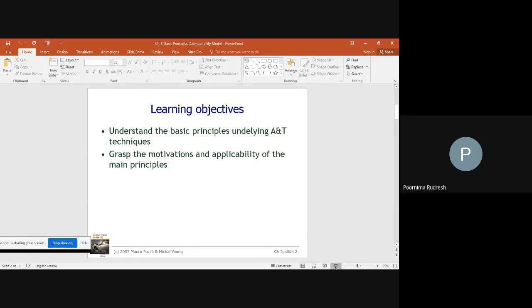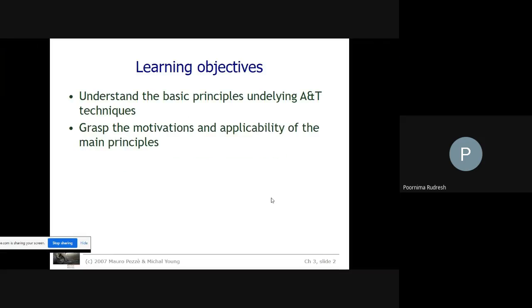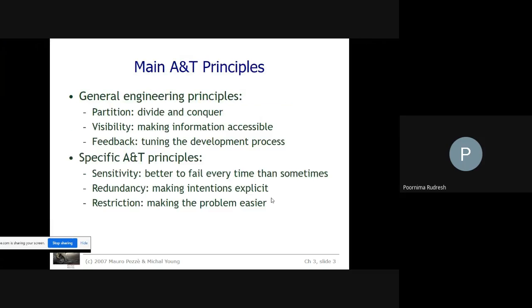And next, you're going to grasp the motivations and applicability of these six main principles in your analysis and testing process. So first we'll see what the basic principles are and why we require them.